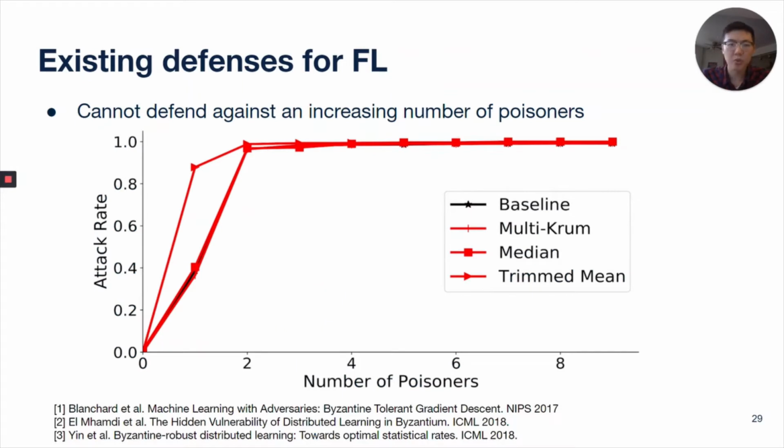As an example, we execute the following defenses in federated learning against a targeted poisoning attack of increasing proportion. As the number of poisoners increases in the system and exceeds the defined theoretical bounds that these defenses provide, the attack rate is very high, meaning that the poisoning attack has succeeded with high effectiveness.